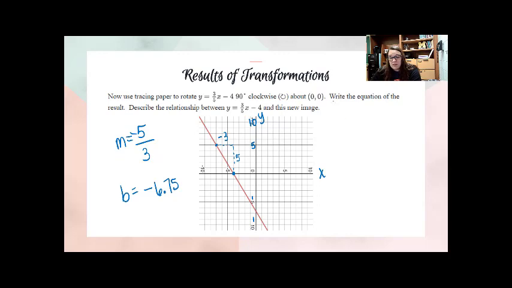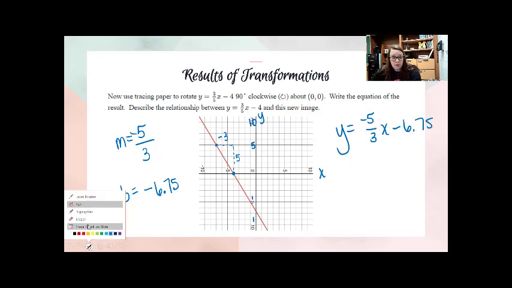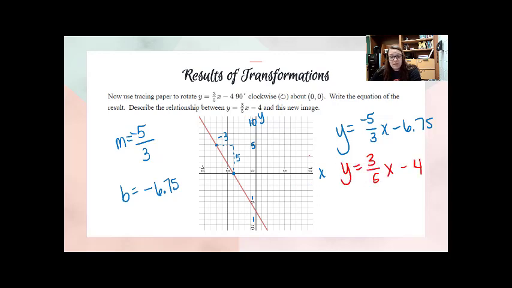Okay, so let's make this be a line. We've got y equals -5/3 x minus 6.75. And our original one, remember, was y equals 3/5 x minus 4. Okay, now same idea. We wrote the equation, we're good. Describe the relationship, and let's look at slopes again. So for the relationship on our picture, we need to actually graph both of them at the same time.